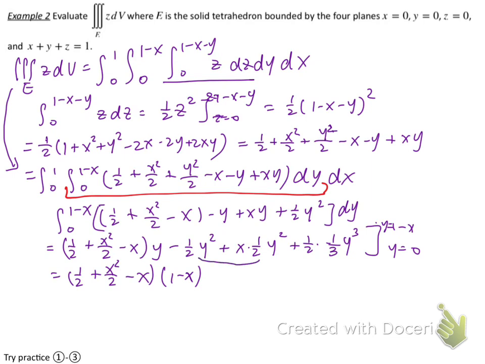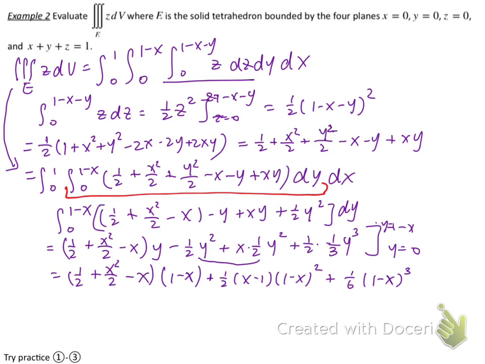And these two terms, do I want to put them together? I guess I do. Plus 1/2 x minus 1 times the y squared, which is 1 minus x squared, plus 1/6, 1 minus x to the third.